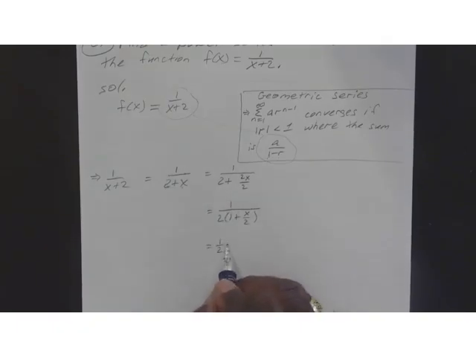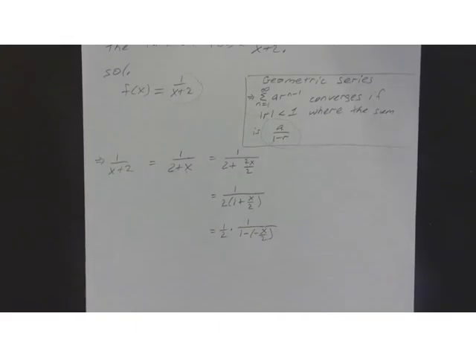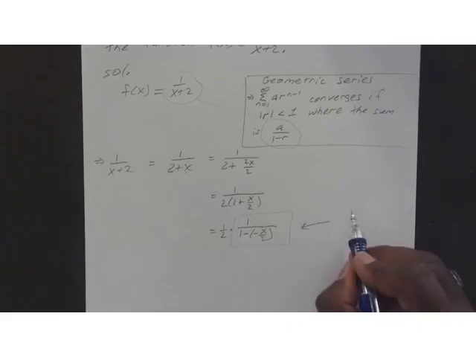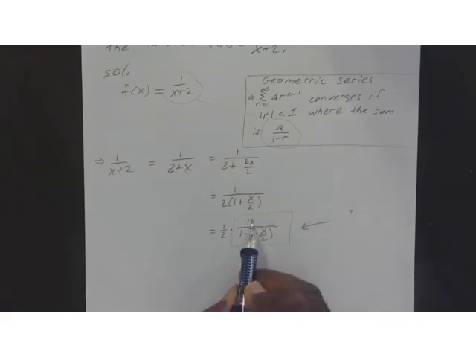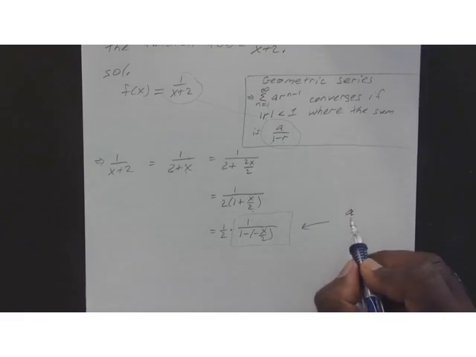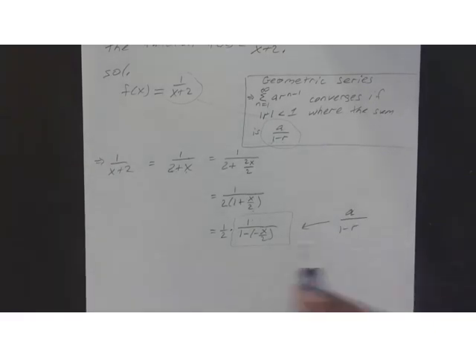So we have 1/2 times, and instead of 1 over 1 plus x over 2, we rewrite that again and make it 1 minus negative x over 2. Okay, so if you look at this, it's in the right form. You can even get that 1/2 and bring it up top if you want to: a over 1 minus r.